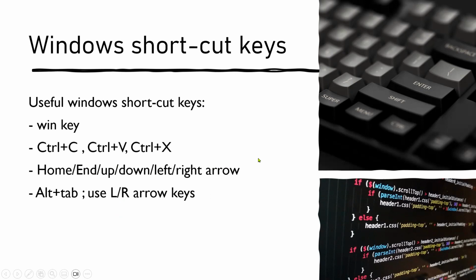So there are some more keys that are useful. A lot of the time you will find you are just not using the mouse. Probably you are just using the keys from your keyboard.